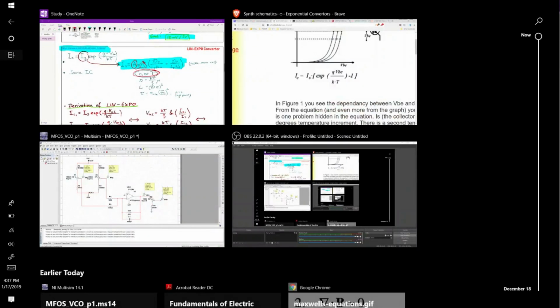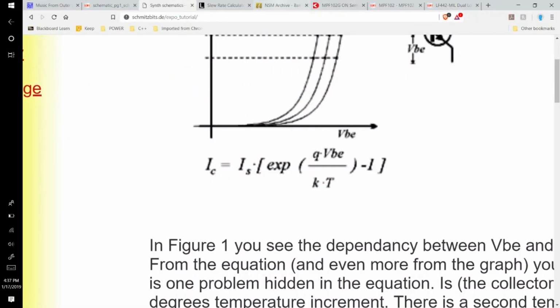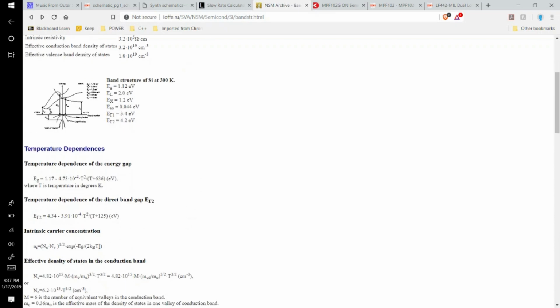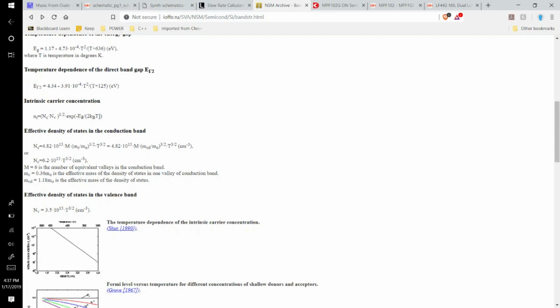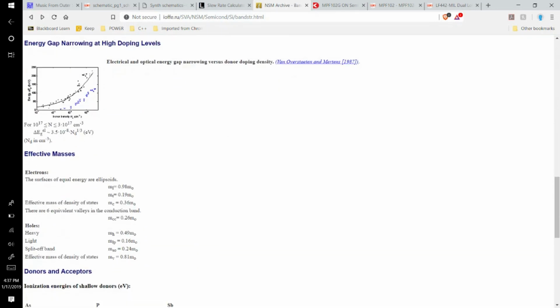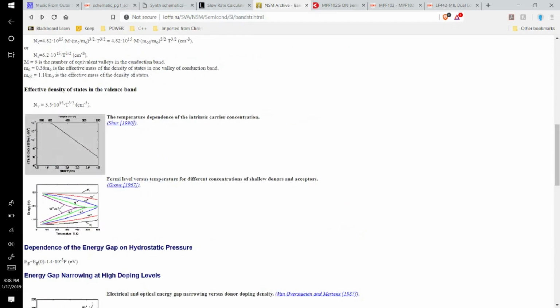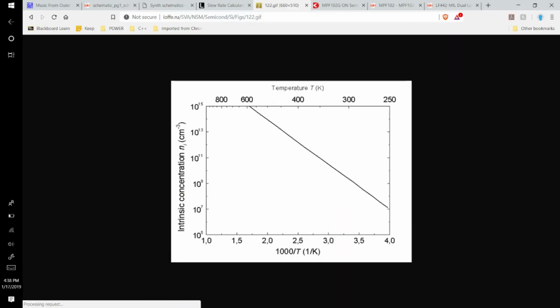How strong of a function of temperature that is, I prepared a page about the properties of silicon. It's not a datasheet, but this website, yofe.ru, is a great database and reference for any semiconductor material, not only silicon. But here you can see the dependence of intrinsic carrier concentration on temperature.